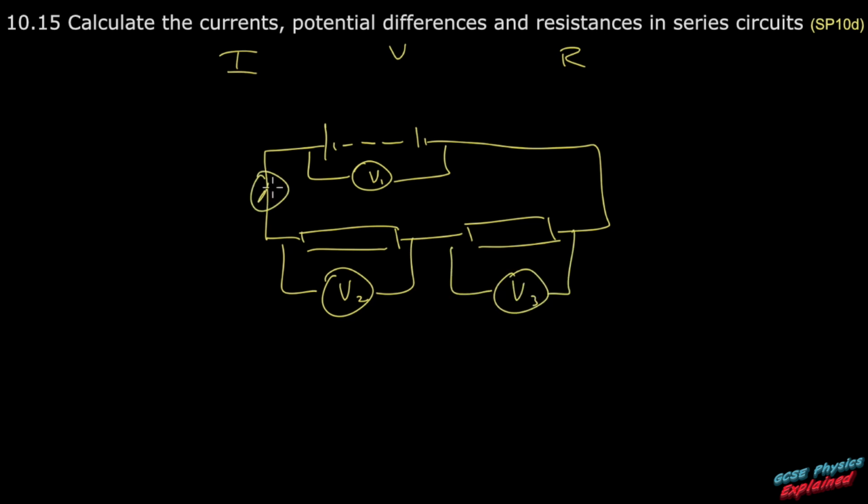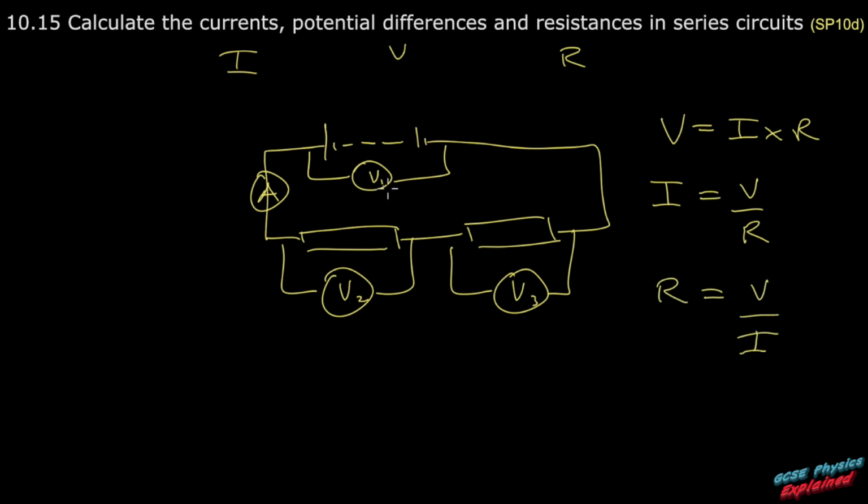Now the current is just going to be the same everywhere because it's a series circuit. Ohm's law is V equals I times R. So if we rearrange that, you've got I equals V over R, and you've got R equals V over I.